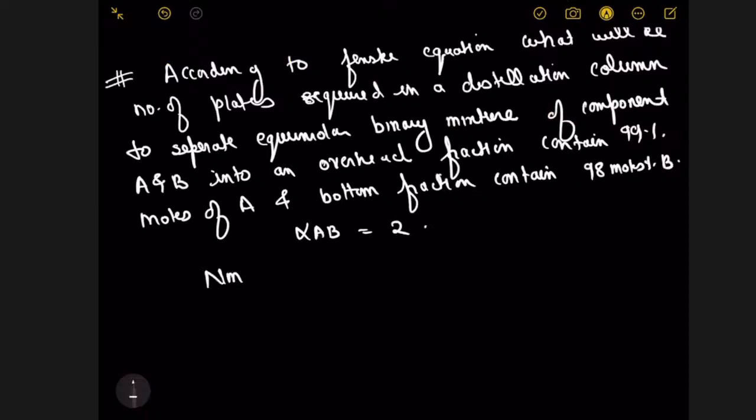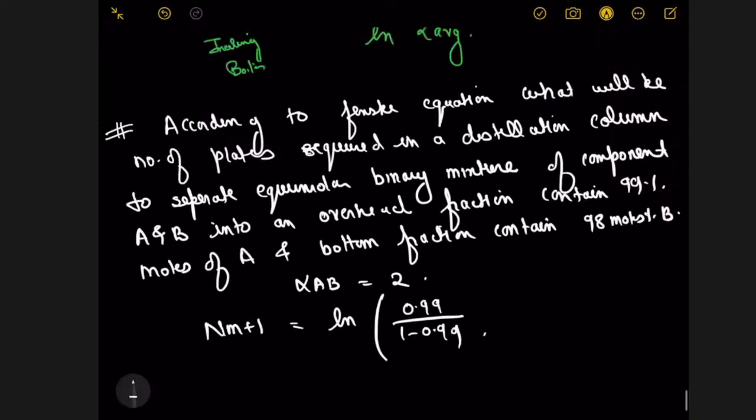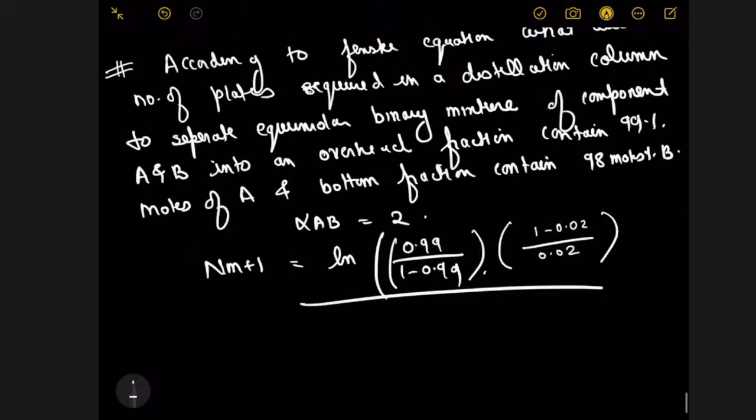So here Nm plus 1 is equal to ln of 0.99 upon 1 minus 0.99, because it is 99%. And the bottom fraction contains 98% of B, but we want A. So A will be 1 minus 0.02 upon 0.02, upon ln of 2.